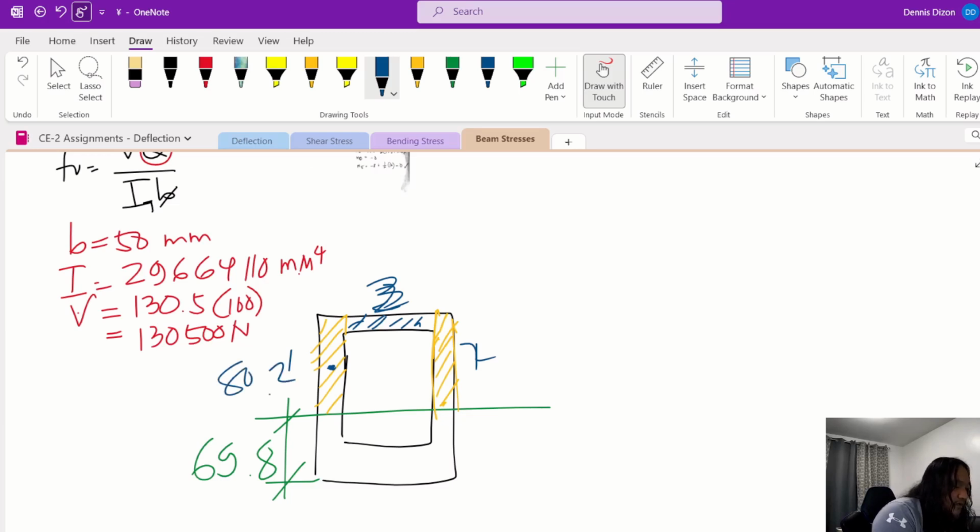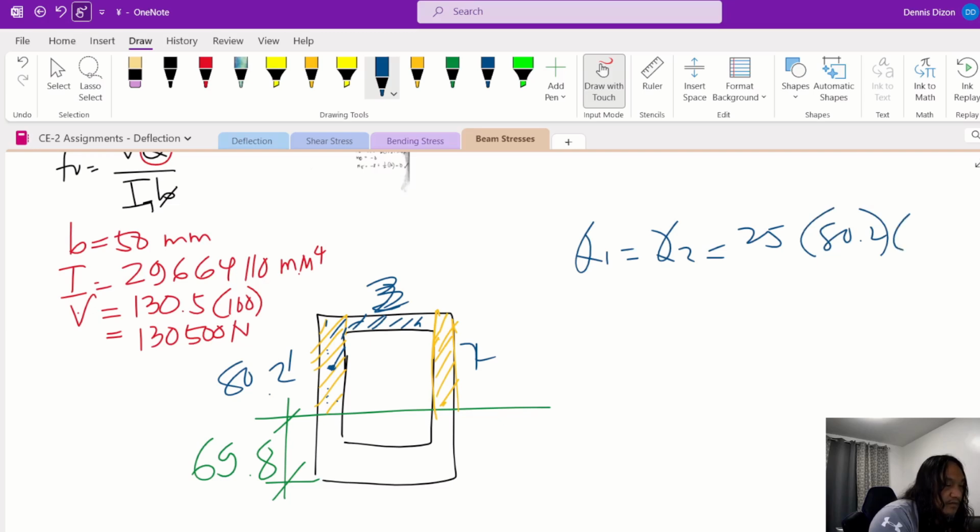So therefore, the first moment of area of this section is 25. Q1 is equal to Q2, which is 25 times 80.2 times 80.2 over 2.